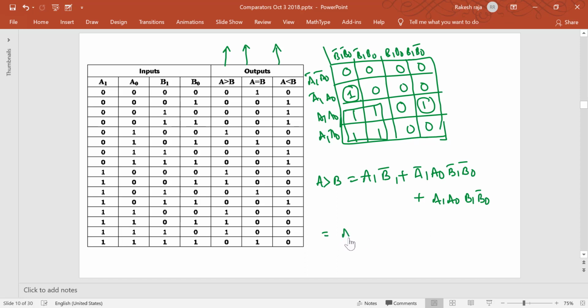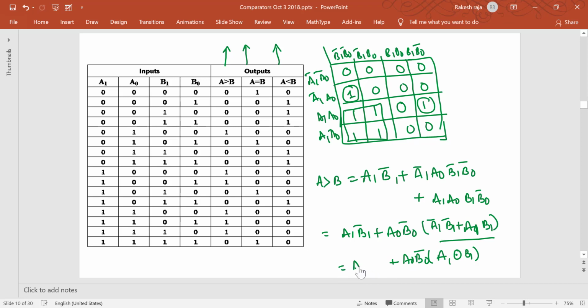If I rearrange the terms, it will be A1 B1 bar plus A0 into B0 bar. Taking common, it will be A1 bar B1 bar plus A1 into B1. This is nothing but A1 XNOR B1, into A0 times B0 bar, plus A1 into B1 bar. This is my A greater than B output.